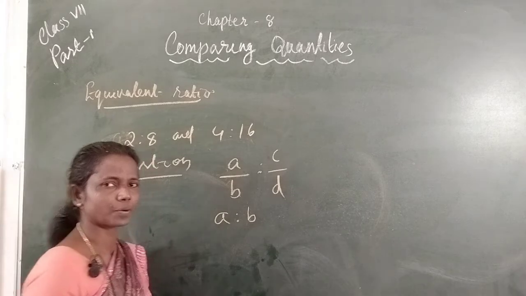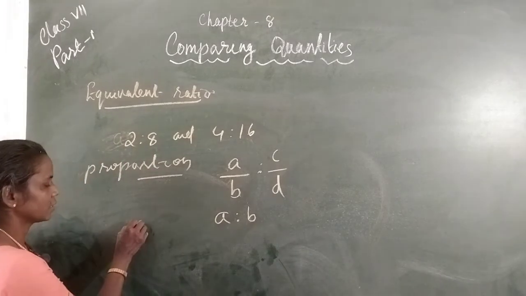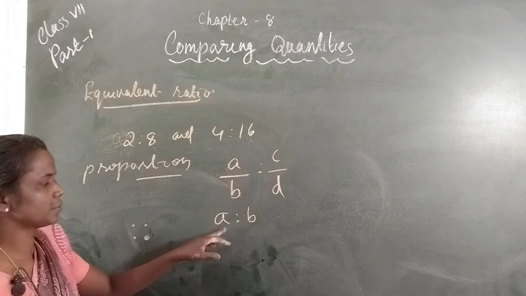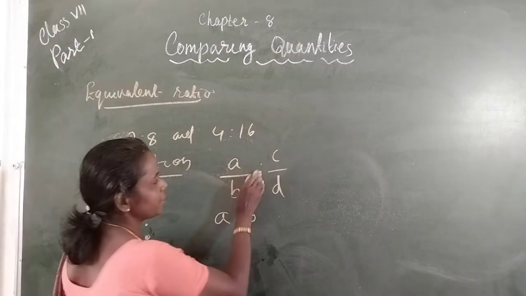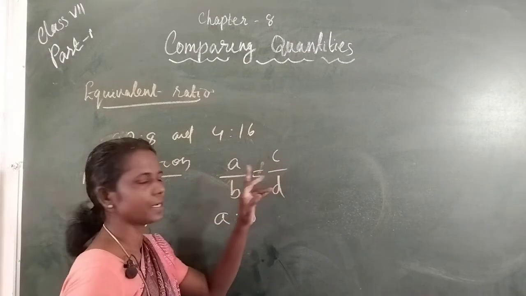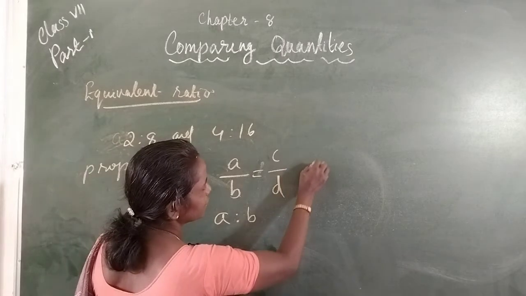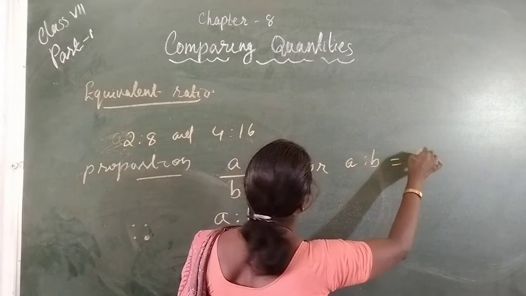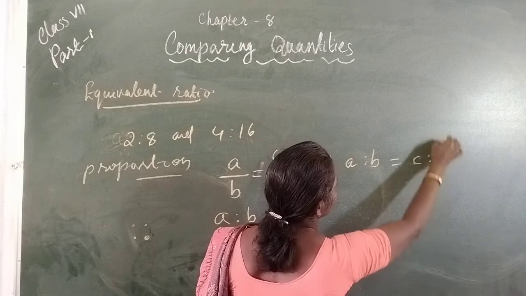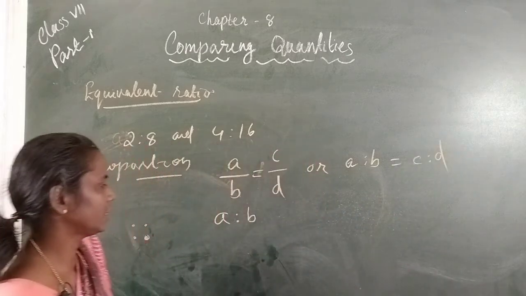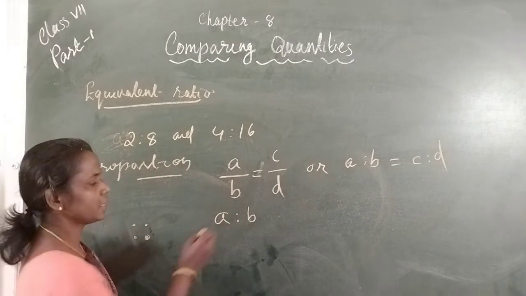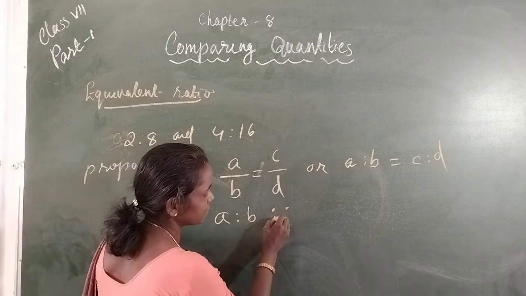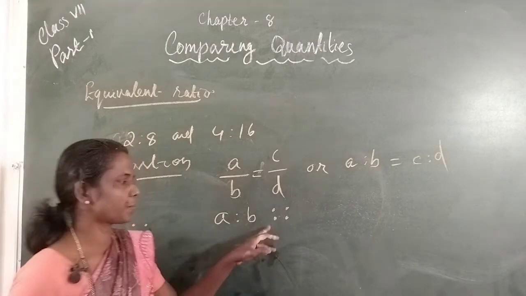What is the proportion sign? Do you know? This sign is known as the proportion sign. A is to B means A by B equal to C by D. Or we can write A is to B equal to C is to D.